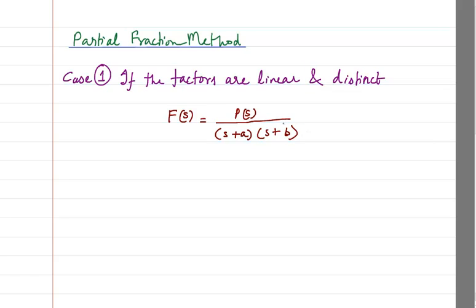So you can see there are 2 factors at the denominator: one is s plus a and the second is s plus b. Now this can even be 3, s plus c. It can have any number of factors. It does not matter.